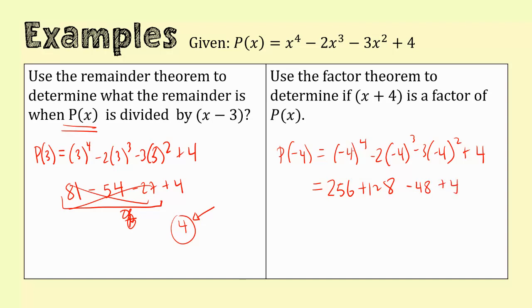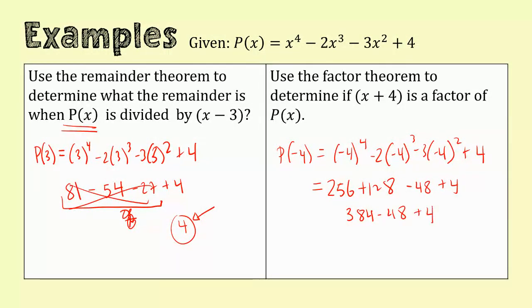right? Positive 256, that would be negative 64 times negative 2 gives me positive 128. So then 256 plus 128 is going to give me 384 minus 48 plus 4.